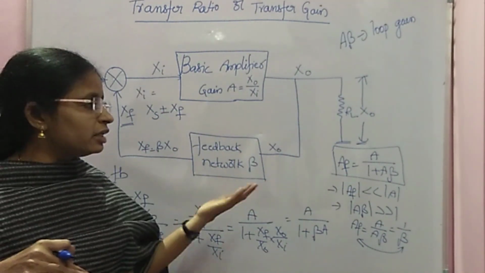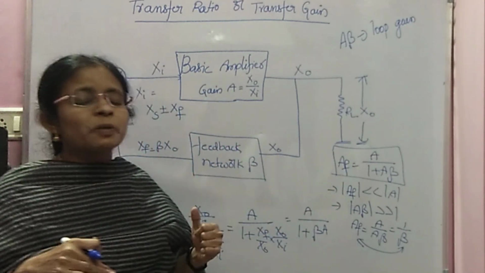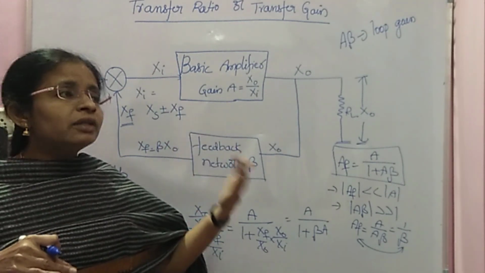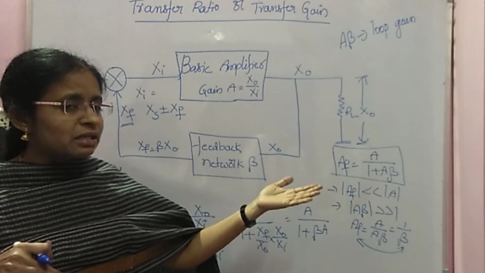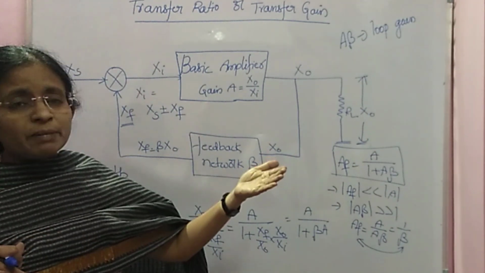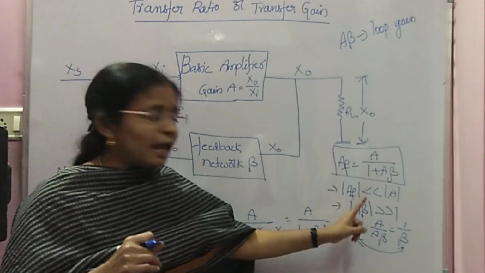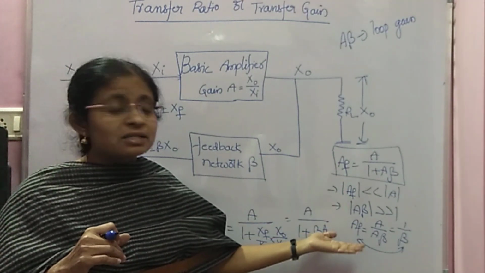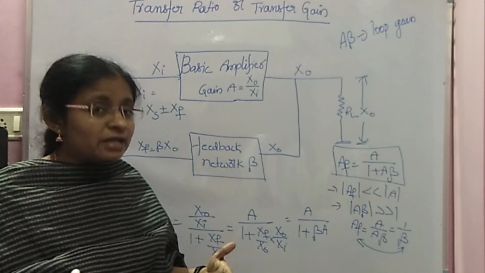So this is the expression for the gain with feedback, or the transfer ratio. In the case of positive feedback, the expression is AF equals A by 1 minus A beta, and whenever the loop gain is equal to 1, you get instability. Positive feedback is used in oscillators. But when the loop gain is greater than 1 in negative feedback, the gain depends only on the feedback network, which is resistive and very stable.